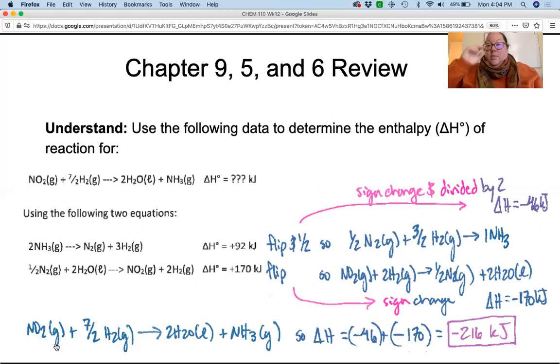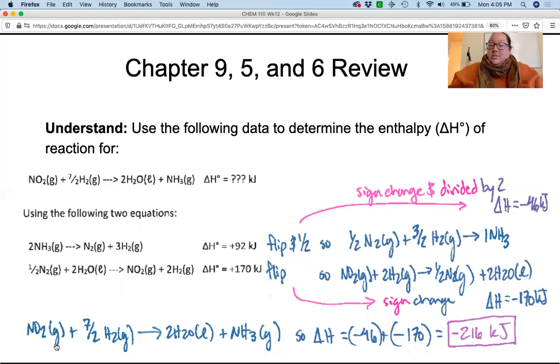It needs to be one of our products. And we're also going to divide it by 2, because right now we have 2 ammonias and we only need 1. So that's the same thing as multiplying it by 1/2. When we do that, we're going to have 1/2 N2 plus 3 halves H2 goes to 1 NH3.